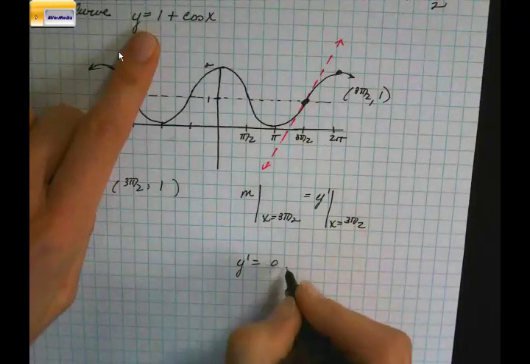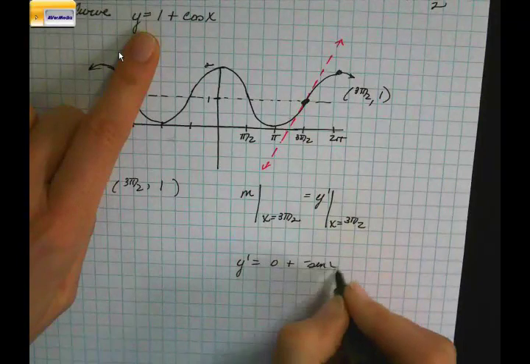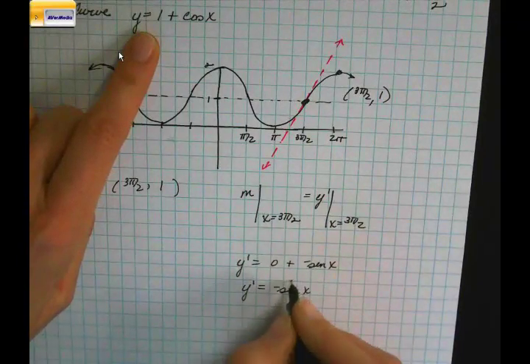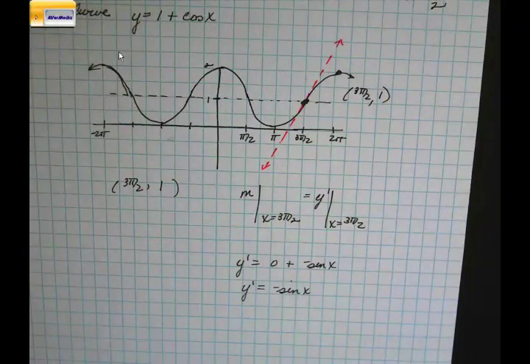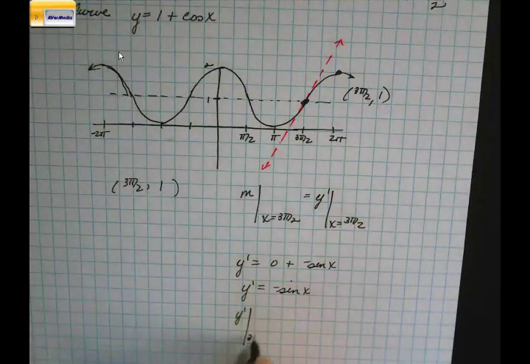Well, y equals 1 plus cosine x, so the derivative of 1 is 0, and the derivative of cosine x is negative sine x, right? So the first derivative is negative sine x. Now that's the expression that's going to tell me the slope of the tangent line anywhere on that curve, but I very selectively want to know its value at 3 pi halves.